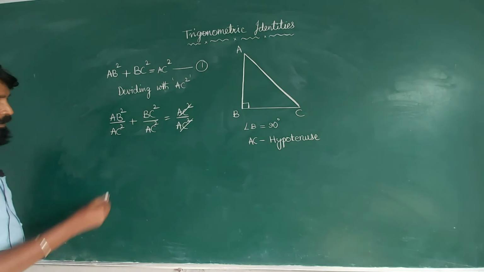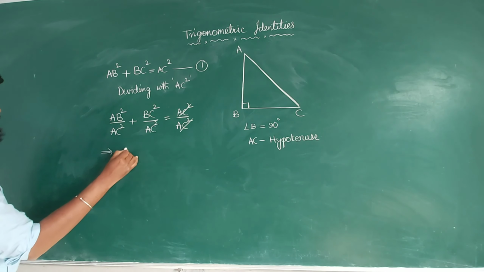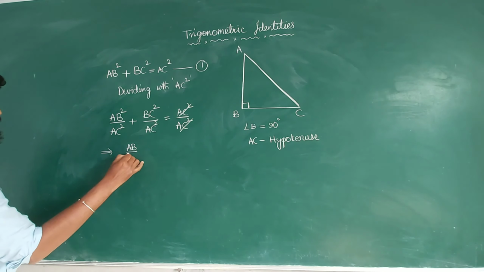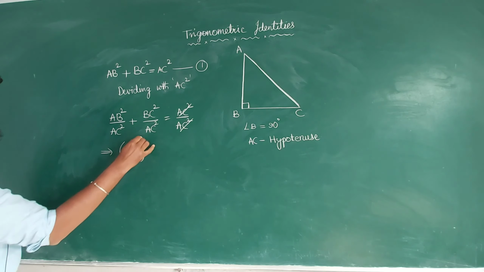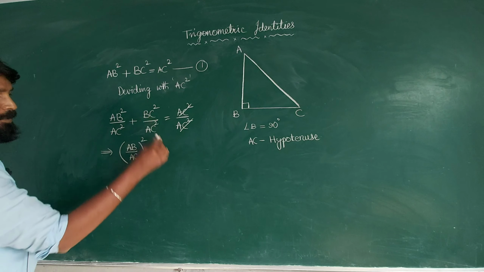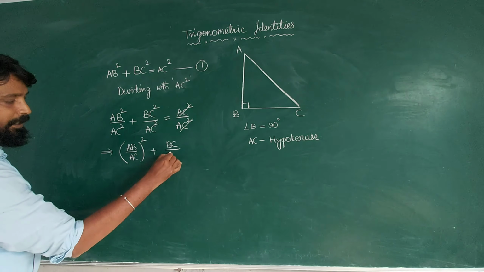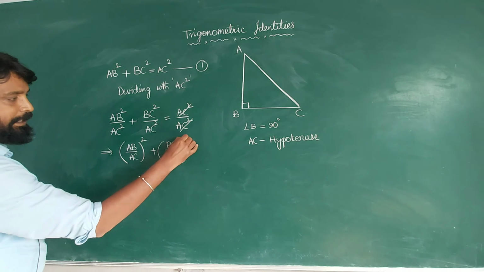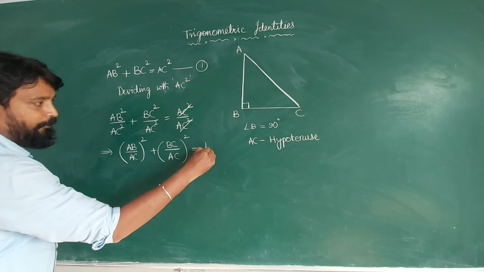Both will get cancelled. Now (AB by AC) whole square plus (BC by AC) whole square is equal to 1.